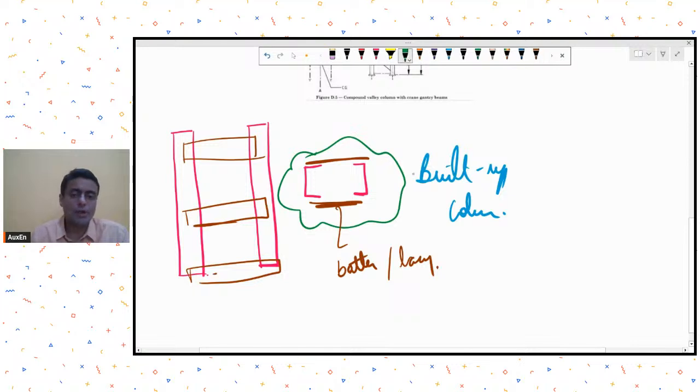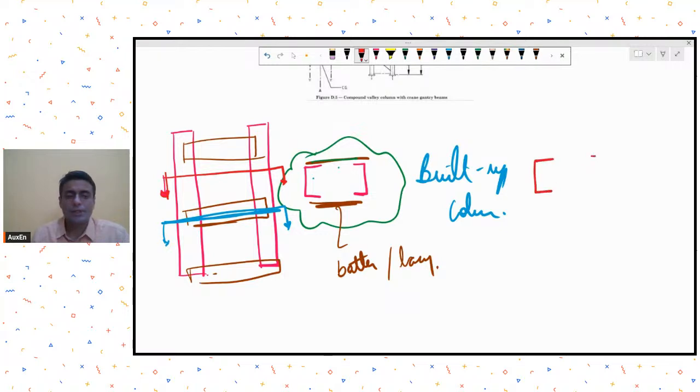So now if I model a cross section which has plates also, essentially I'm making this section where I have a batten plate and I also have the column cross-sectional members. But suppose I were to take a section over here, naturally at this location there is no batten plate.